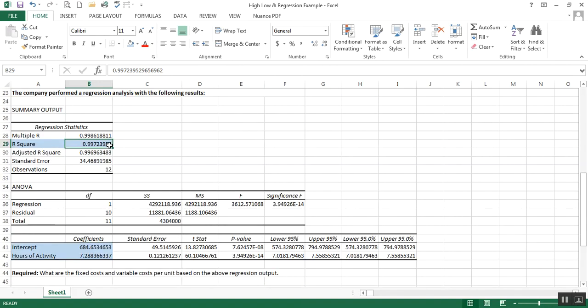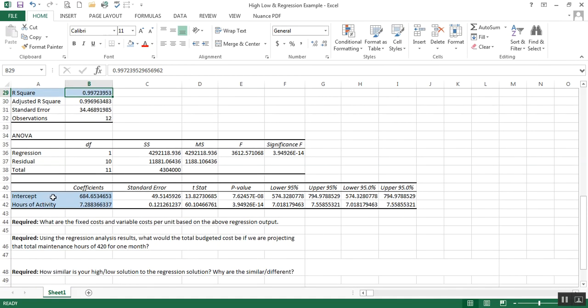So the hours of activity is driving the change in the total cost. The higher this percentage is, the more meaningful your results are. If this was 50%, the results wouldn't be as meaningful, because only 50% of the change in total cost is driven by the hours of activity, so you might have to look at something else.